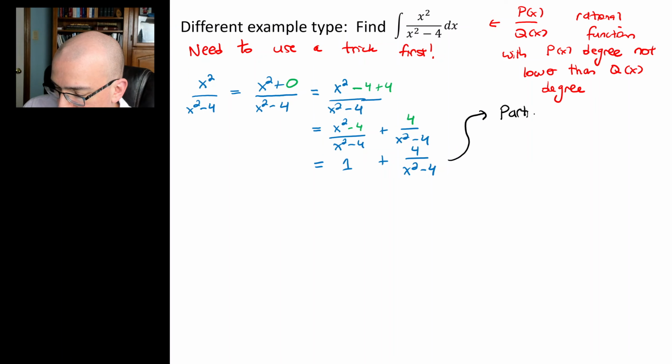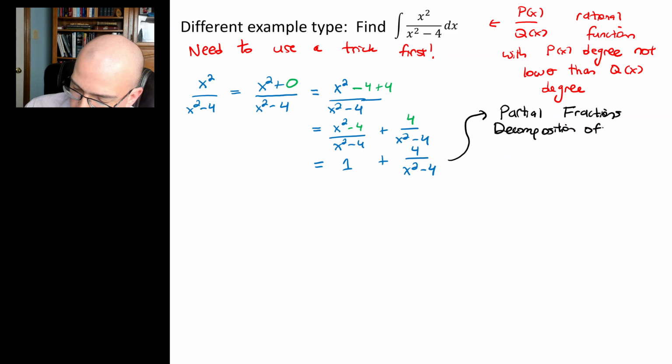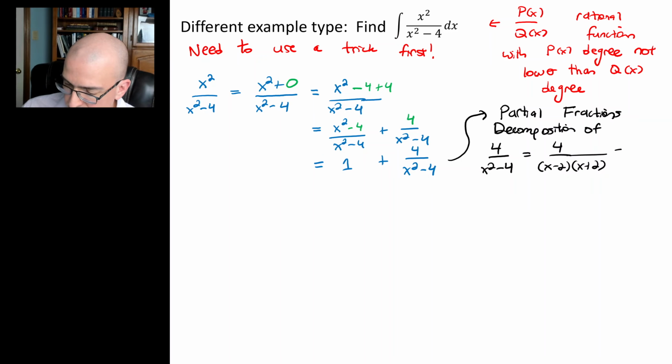Partial fraction decomposition of 4 over x squared minus 4 equals 4 over x minus 2 times x plus 2, which is equal to a over x minus 2 plus b over x plus 2.